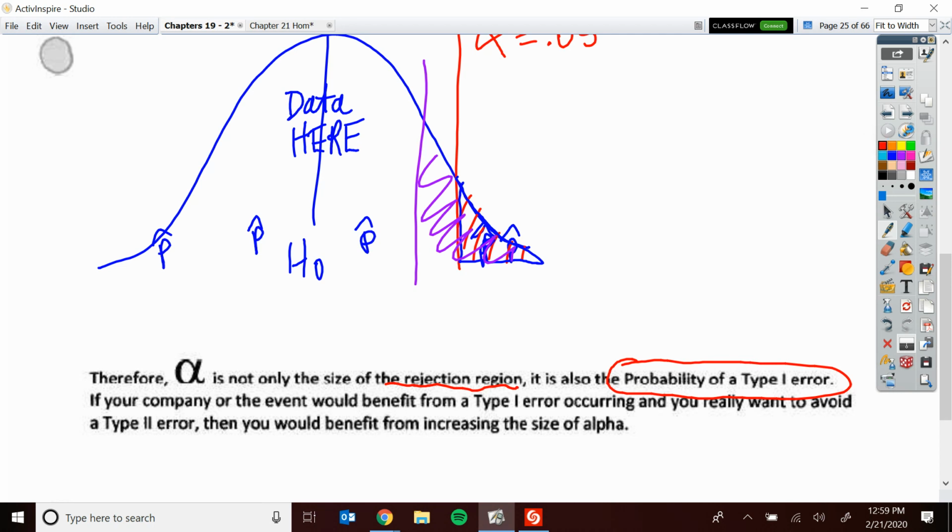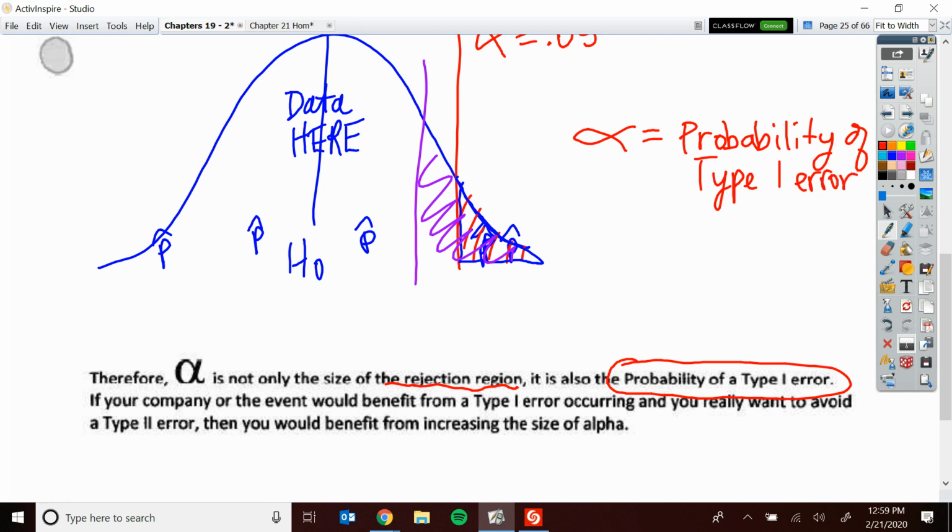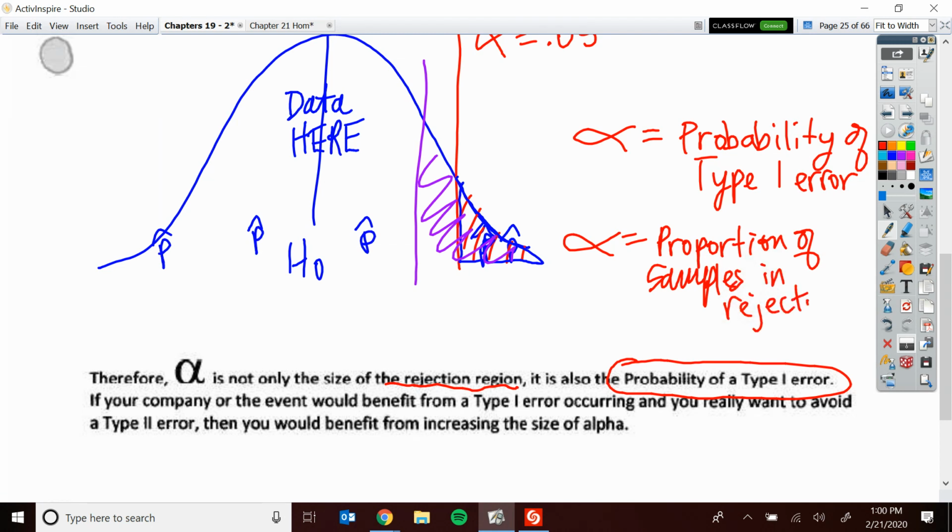So whatever the size of alpha, that's going to be your probability of a type 1 error, because that's the proportion of samples in the rejection region. Alpha is the proportion of samples in the rejection region if the null is true.